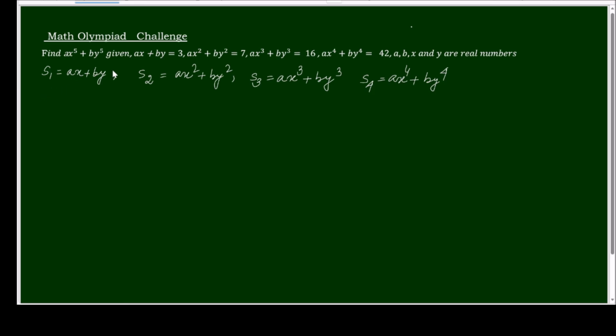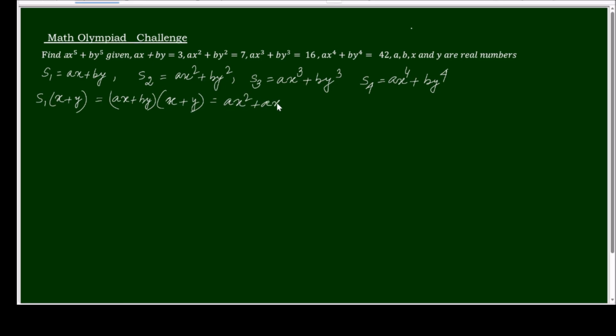Now we find the relation between S2 and S1. Here I will multiply S1 with x plus y. Let us see what is written. So (ax + by) times (x + y) equals ax^2 + axy + bxy + by^2.